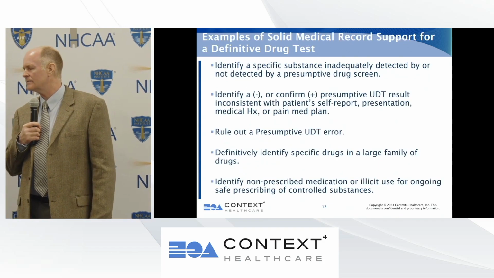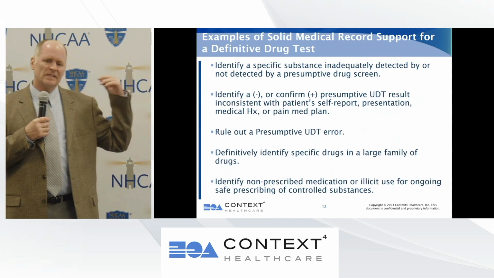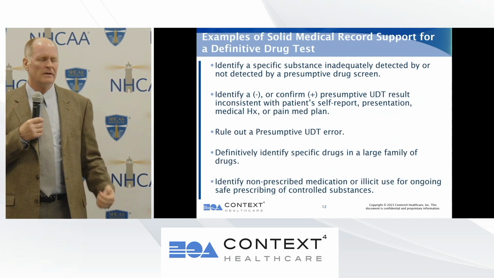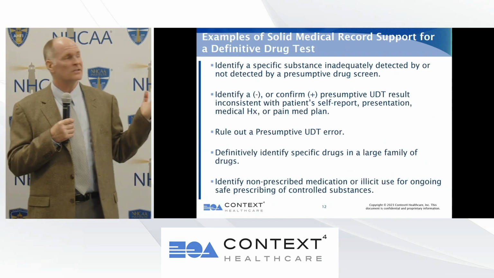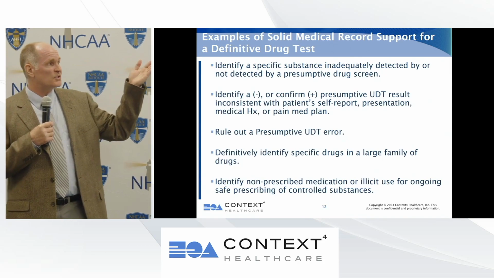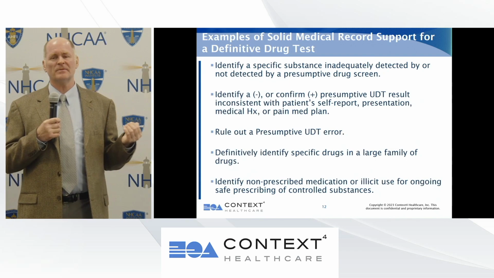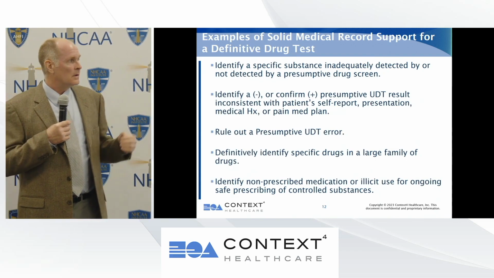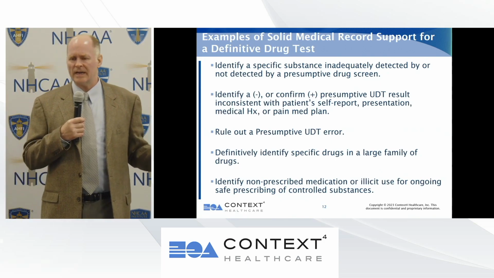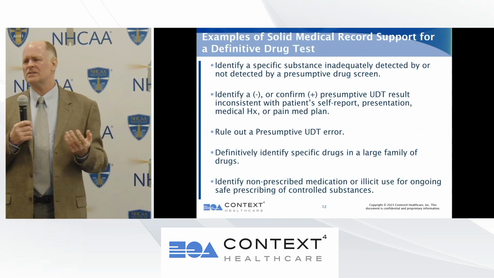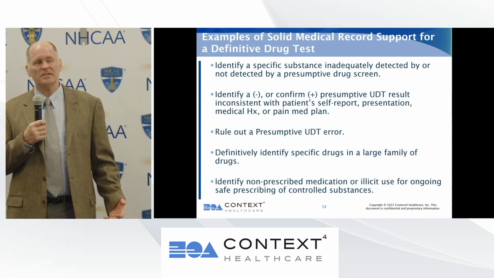Can you flip to the next slide? This slide just lists a couple of examples. When I look into the medical record, I look for reasonable support for a definitive drug screen. Did they do a presumptive screen? And are they looking for a substance that the presumptive screen doesn't test for? Did they get a presumptive test, and did they have a positive or negative result that didn't match the patient's clinical presentation or the controlled substances the patient's on?